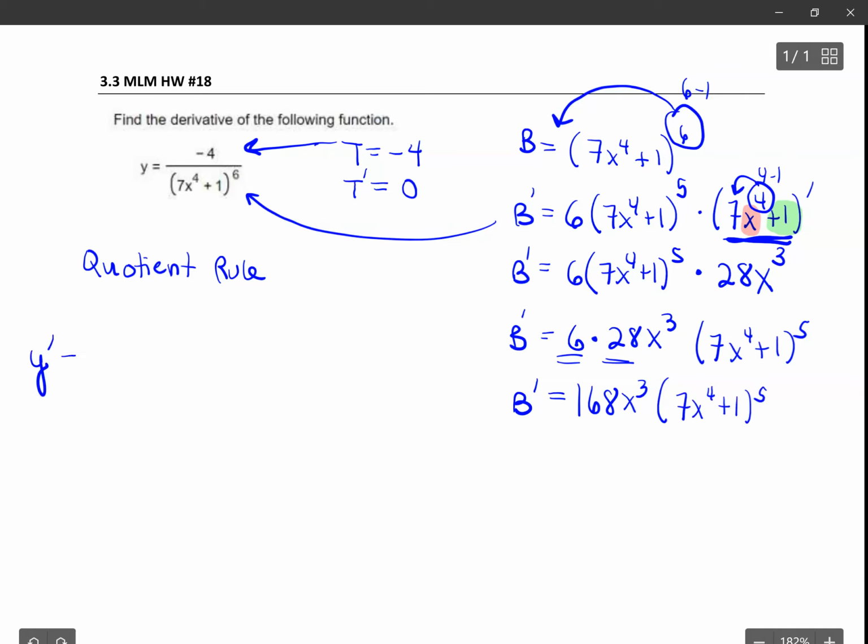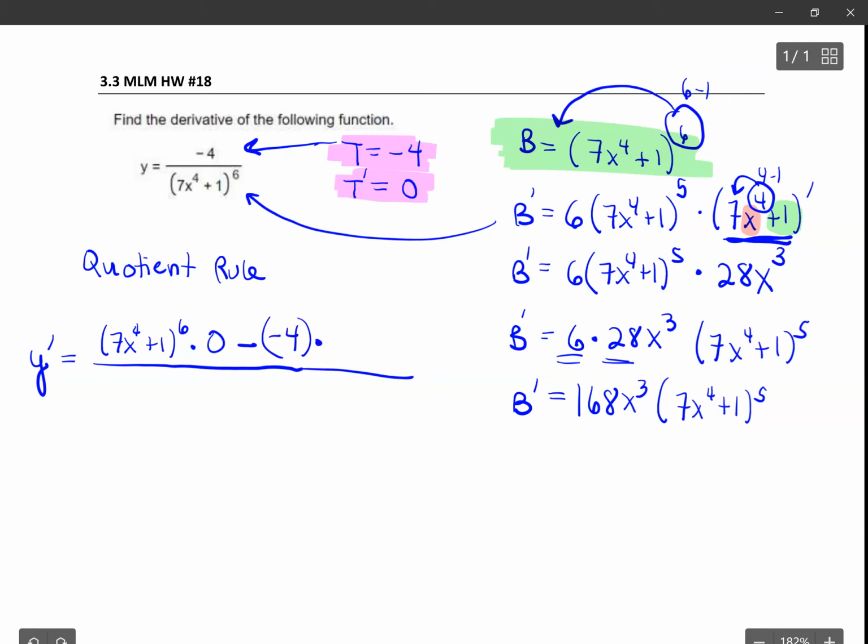My quotient rule says I'm going to do the bottom times the derivative of the top, which was a 0, so I'm just multiplying that by 0, minus the top, which was a -4, times the derivative of the bottom, which was this mess right there.